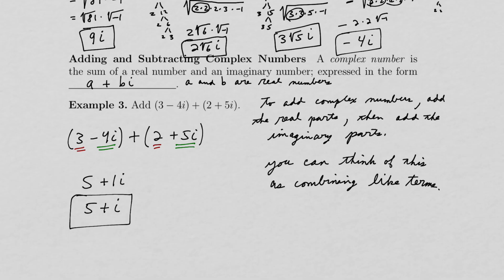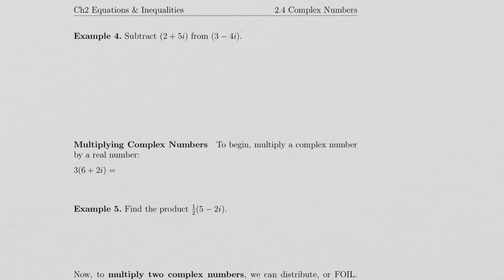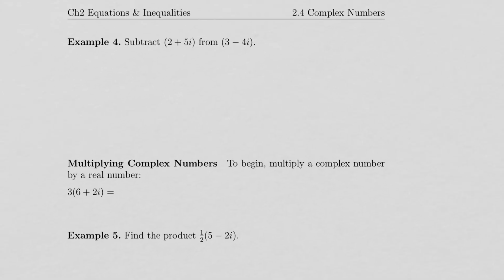What about subtracting? Subtracting is similar. In fact, we can think of subtraction as being a special case of addition, right? So now I want to subtract this complex number, 2 plus 5i, from this number. In other words, I want to start with 3 minus 4i, and I want to subtract 2 plus 5i. That's what it means to subtract 2 plus 5i from 3 minus 4i. So what I would do is I would just convert it into an addition.